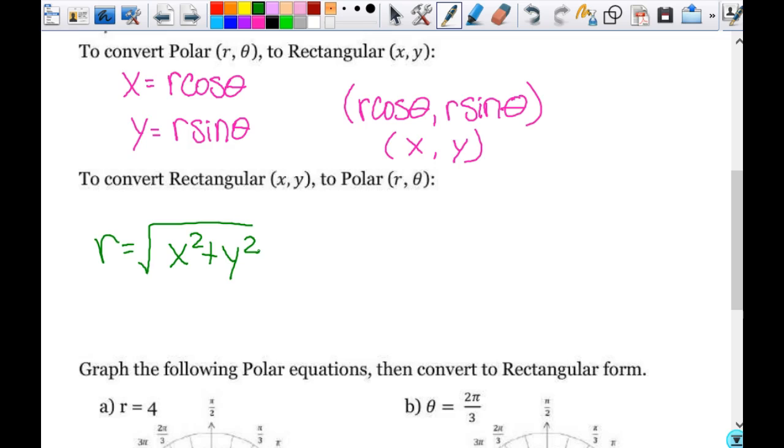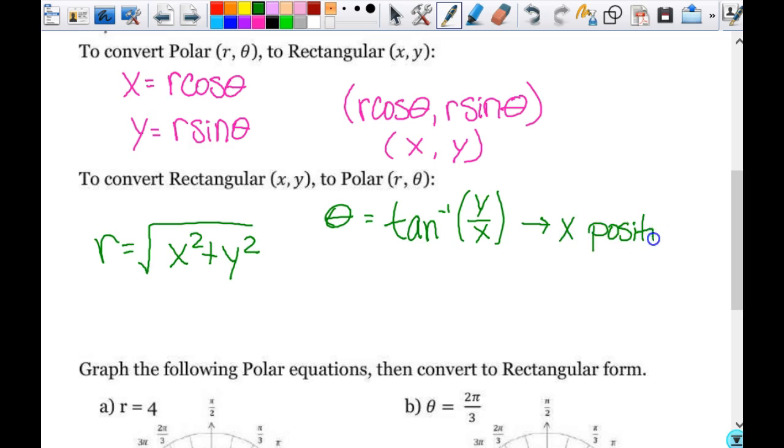And then if tangent of theta equals y over x, then theta equals the tangent inverse of y over x. This is what we use when x is positive, but we use theta equals tangent inverse of y over x plus what if x is negative? 180.